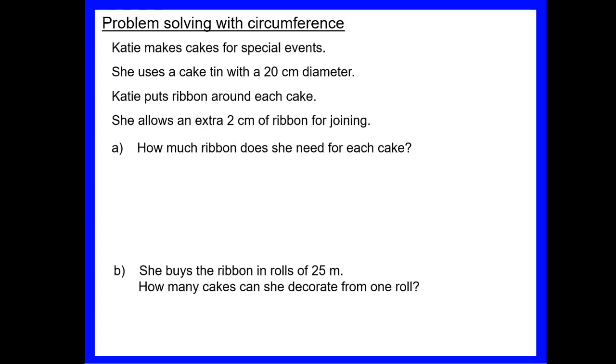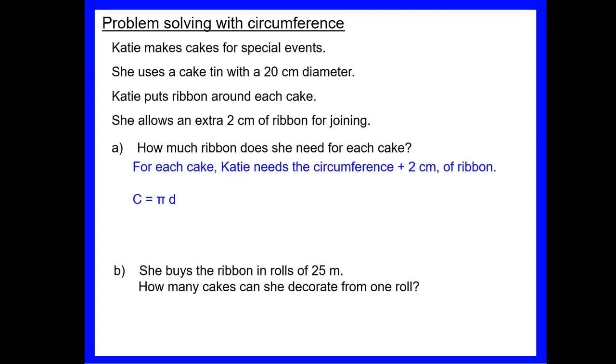So she's going to put this ribbon round the outside of her cake to make it look a bit nicer, but bearing in mind she wants an extra 2 centimeters so the ribbon can be joined together at either end. So as it's going around the outside of the cake, that means we need to know the cake's circumference, and we're told its diameter is 20. So we start off then with our formula, and our diameter this time is 20, so pi times 20 was 62.8318, or 62.83 centimeters to 2 decimal places.